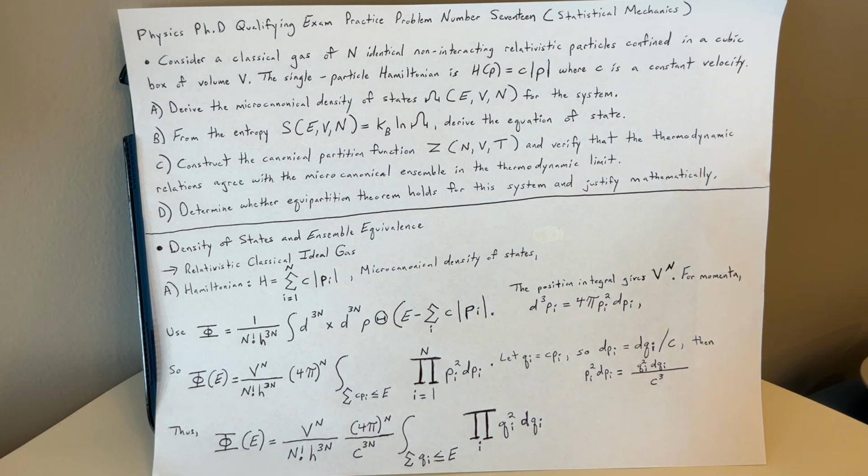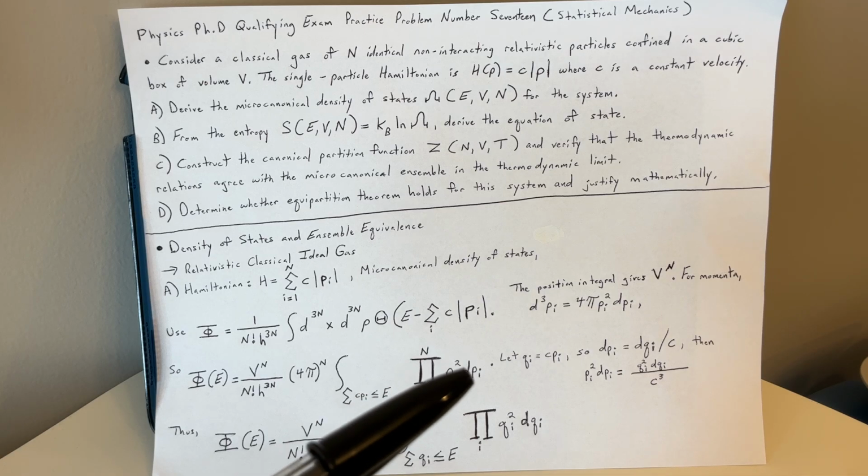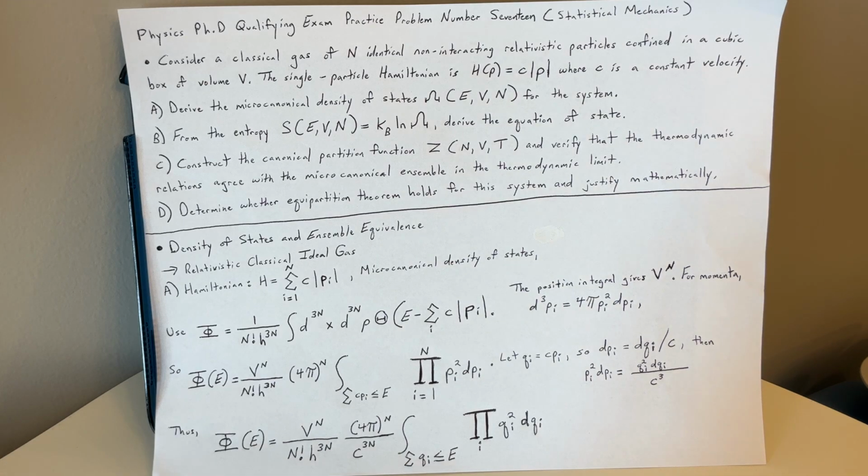So Phi of E equals V to the N over N factorial h to the 3N, 4 pi to the N. And then we have the integral over this region where the sum of c p sub i is less than or equal to E. And then we have this capital Pi here, the product from i equals 1 to N of p sub i squared dp sub i.